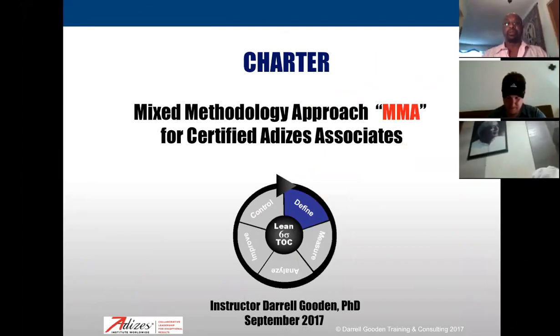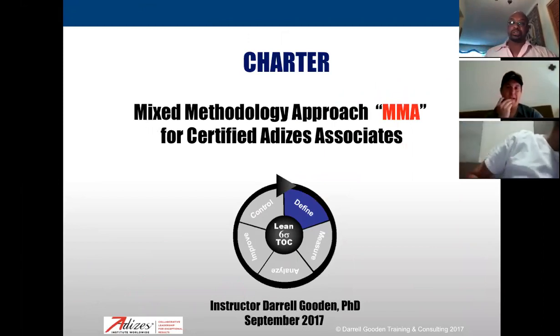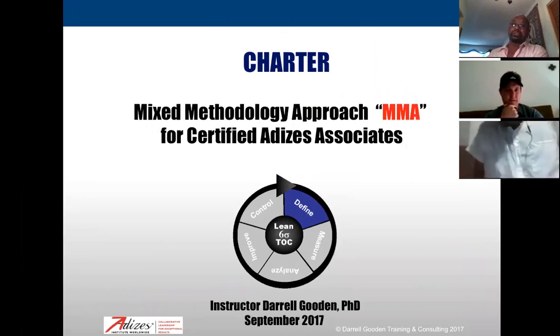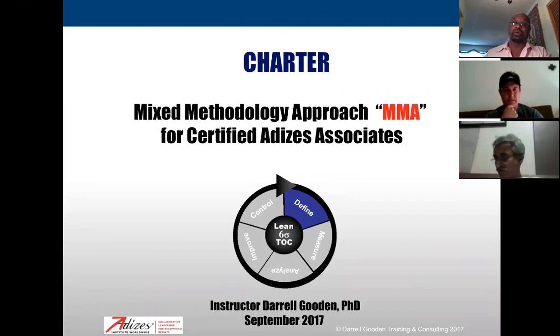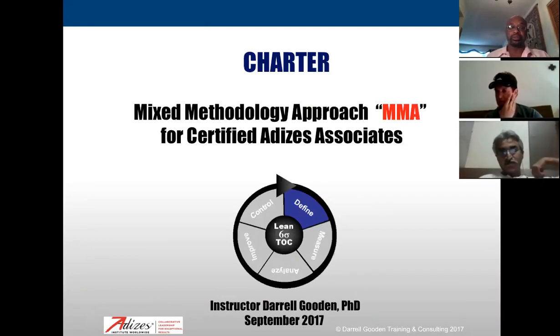The reason I call this a mixed method approach is because not only are we couching these things in terms of how an Adizes practitioner would execute, but as we go along, I want you guys to become familiar with the terminology from one of the other disciplines. So DMAIC, by definition, comes out of the Six Sigma world, but we use it to gauge where we are in the decision-making process, in terms of a mixed methodology approach. So what I'm going to talk about for the next few slides is the area of define.